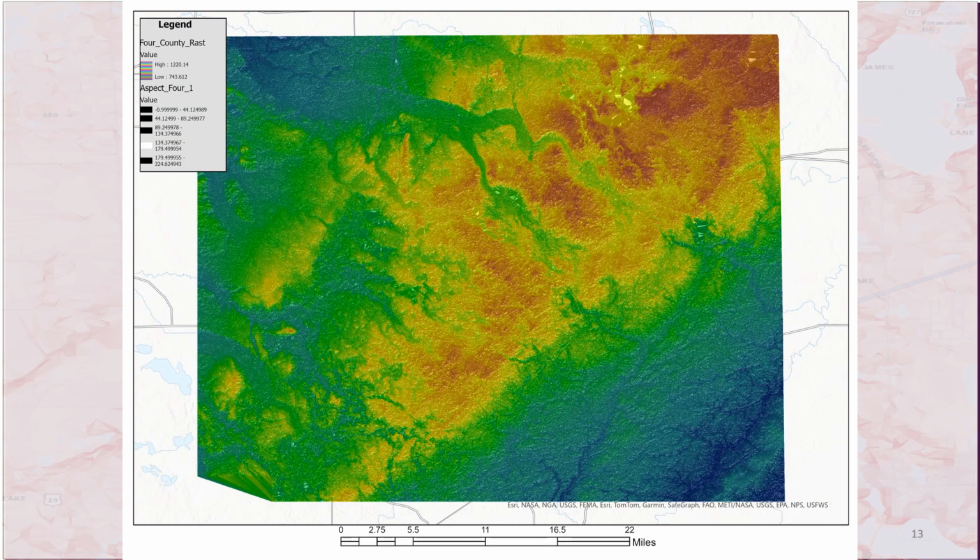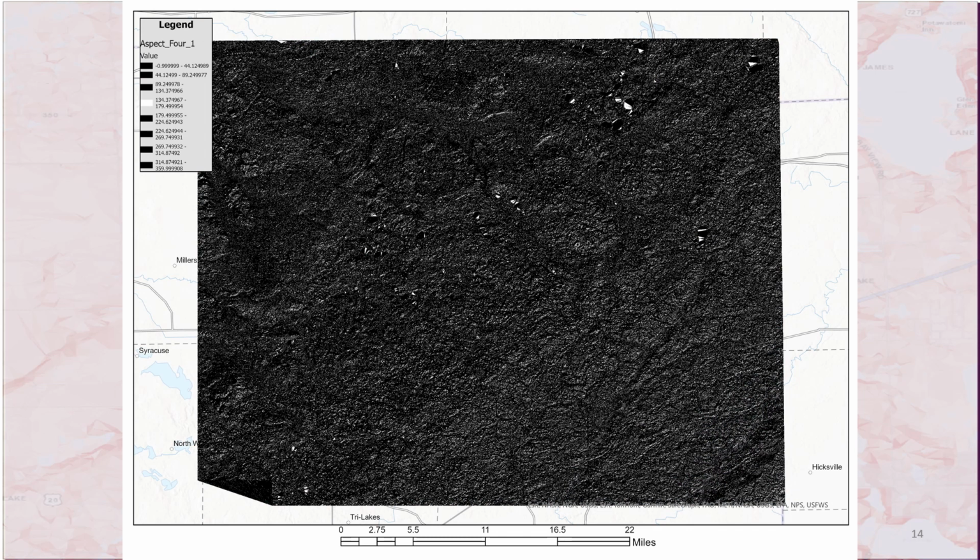Here's a close-up of the digital slope elevation map. It's an overlay of a digital slope direction model with this elevation DEM. Now here's our digital slope direction model, and this is pretty new.